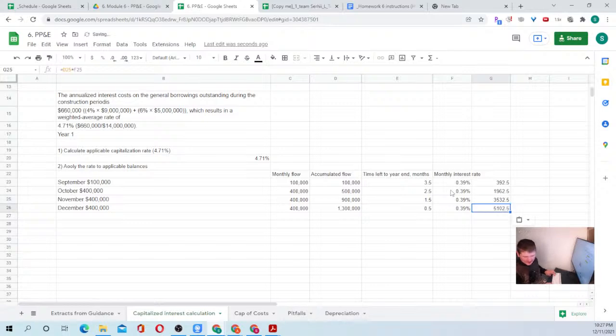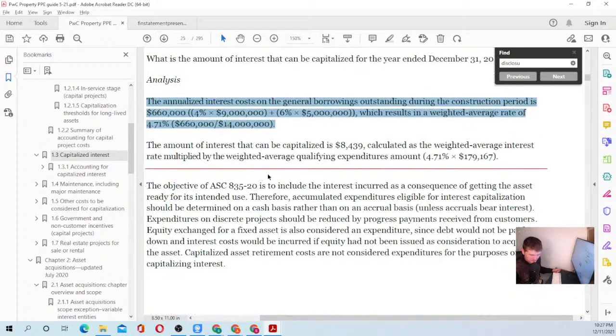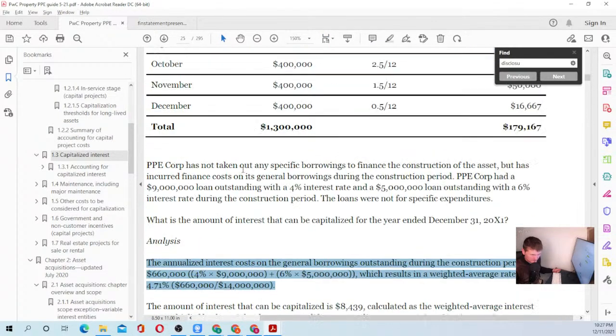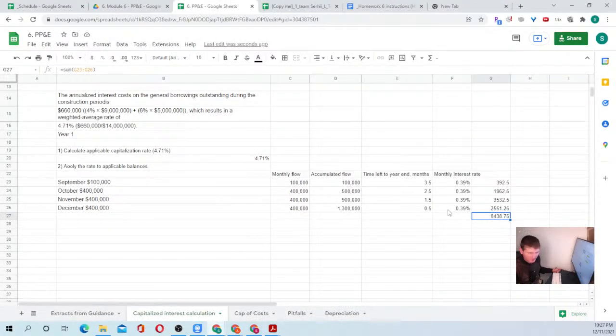So I basically take this balance and I take only half of the number. So let's see if I were right. $8,438. Yep, $8,439. Basically, yeah. So the approaches are the same. Surprise, surprise, but it's just simple math.